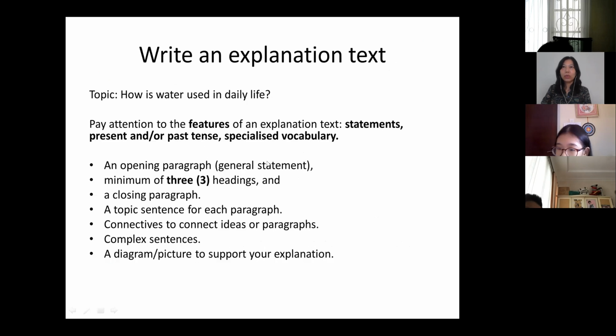So also in this part, how is water used in daily life? I need you to make 3 headings. This is the minimum. If you can make 4 headings, go ahead. What are the headings about? Of course, the headings are about how water is used. You get it? Because that's the big topic. If you want to use this as your title, can you, children?